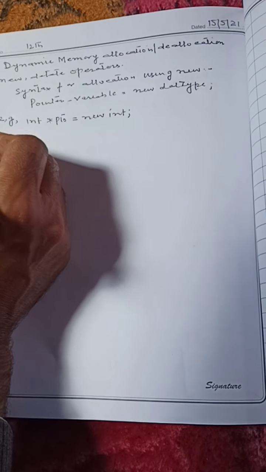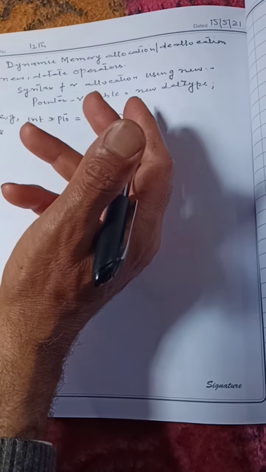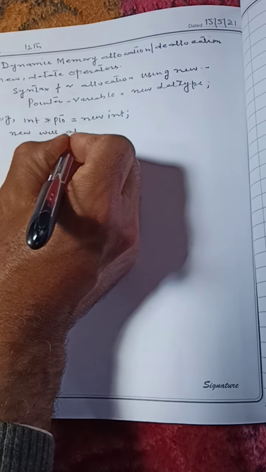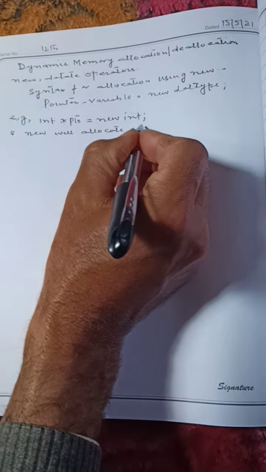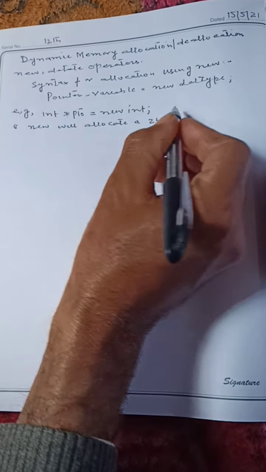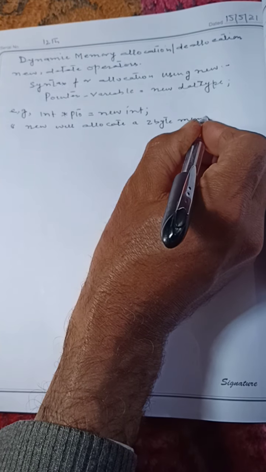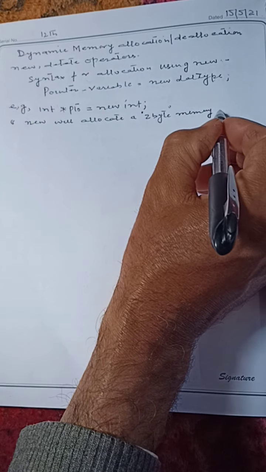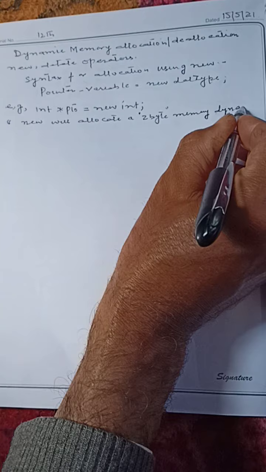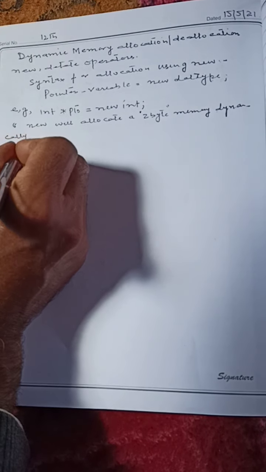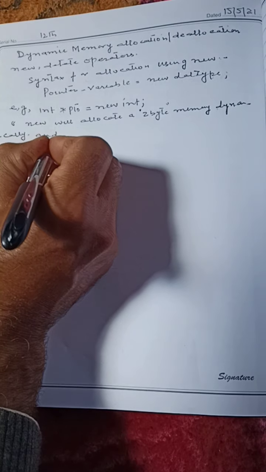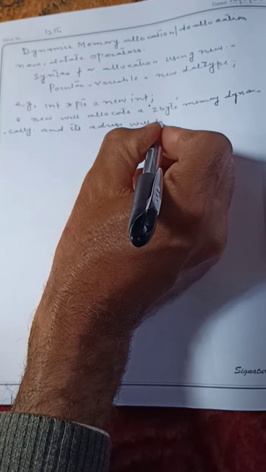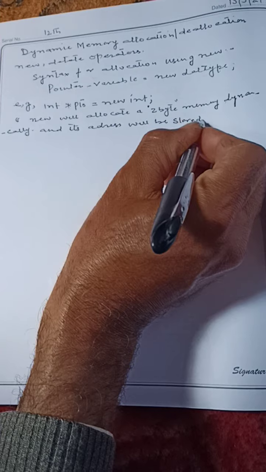So here new will allocate a 2-byte memory dynamically, and its address will be stored in pointer.